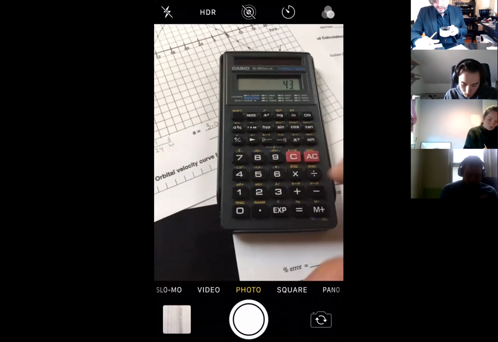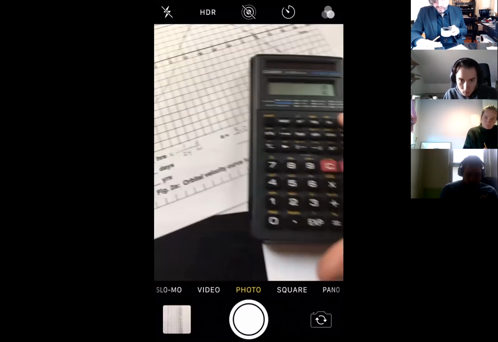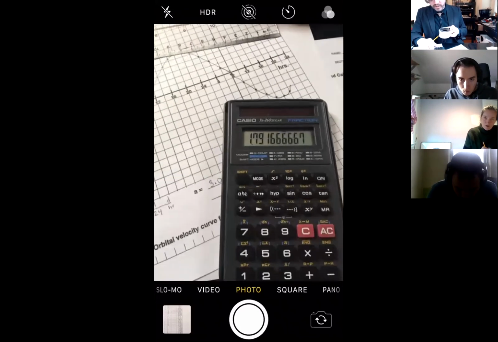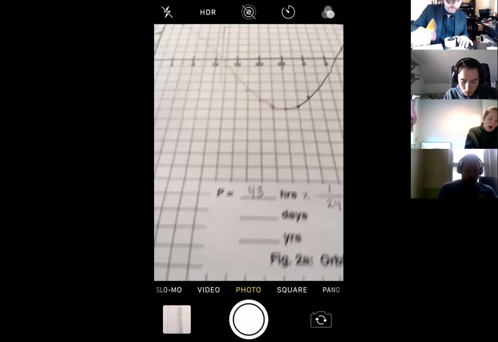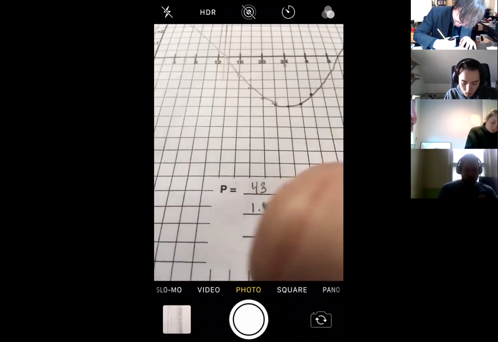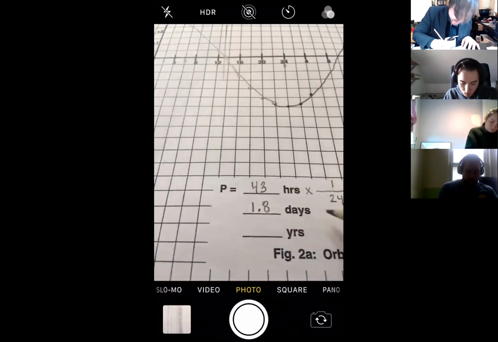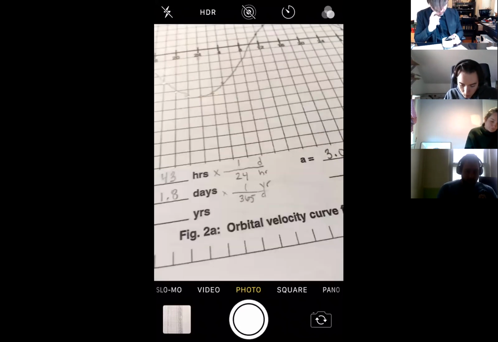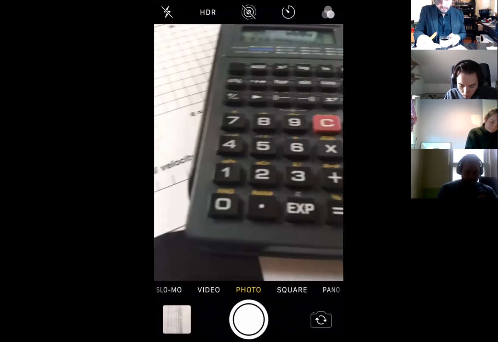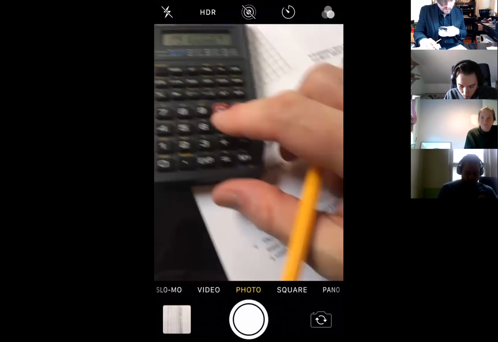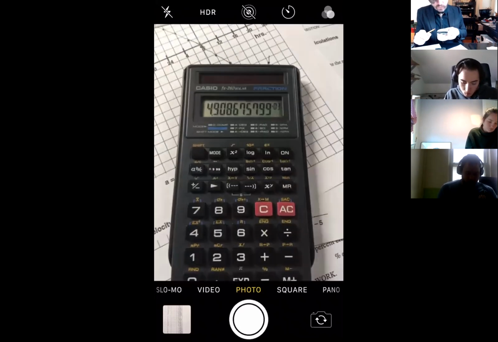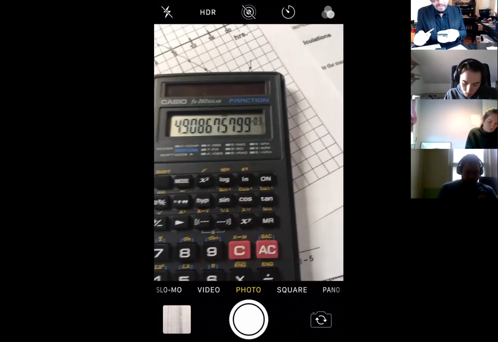So 43 divided by 24 is 1.8 days. And then we should go from days to years. 1 year is 365. So we won't round, we'll leave our number here. So we'll divide by 365. And we get 4.9 times 10 to the negative 3.